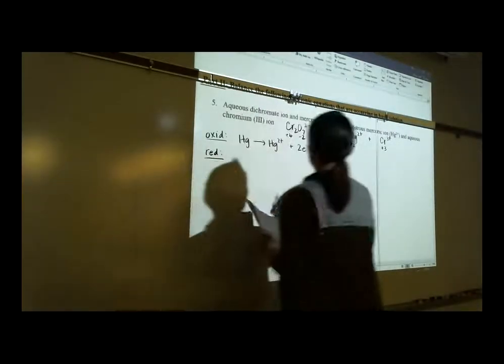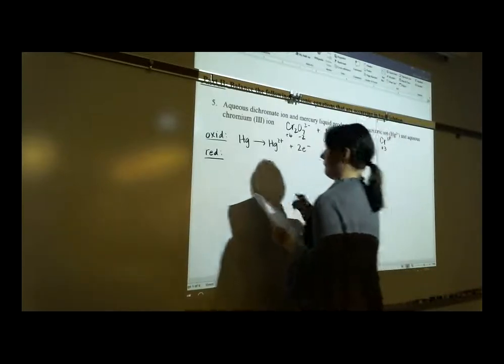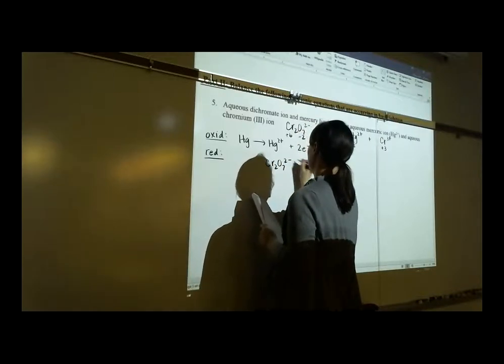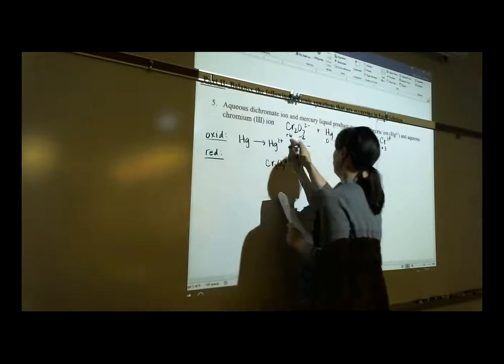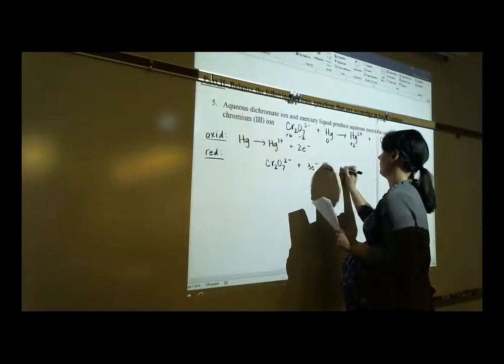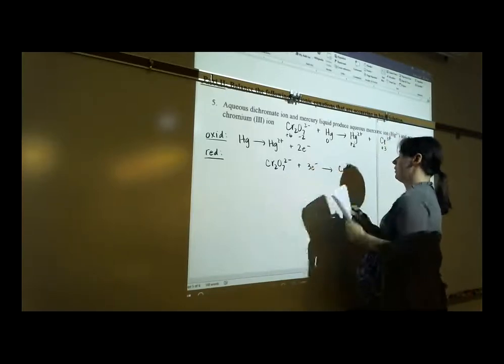For the reduction, we've got to deal with chromium going from +6 to +3. So Cr2O7 2-, +6 to +3 is a gain of 3 electrons. However, there are 2 chromiums.